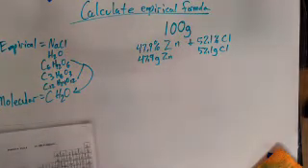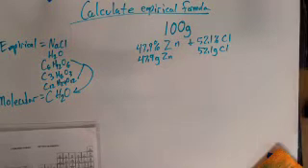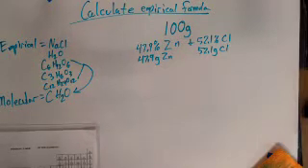So from there, we've got to find the molar masses. So we're going to look at the periodic table, and zinc, as soon as I find it, pretty sure it's a transition element.